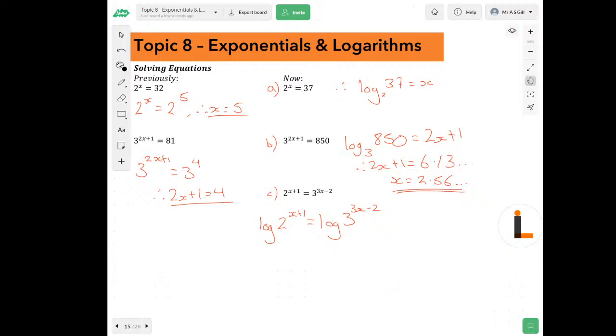Then we want to use our log laws to bring the index down. So I'll give you a second to do that and then we'll go through and check it.